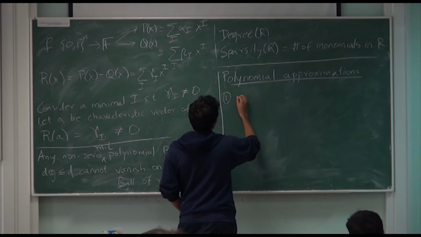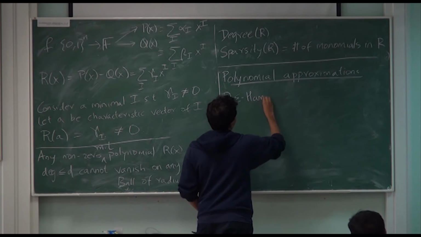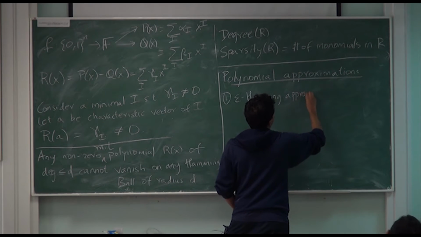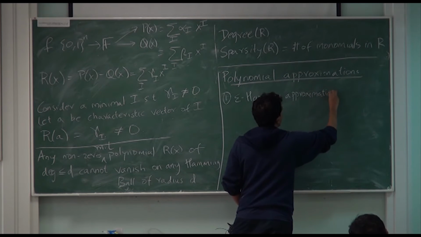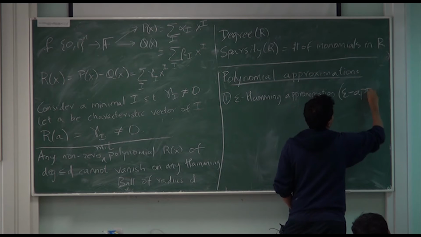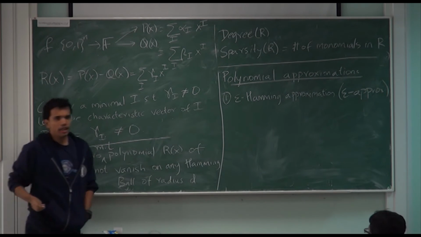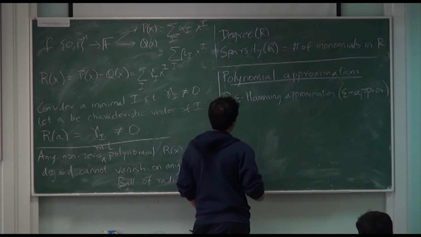So I'll say that a polynomial p, let me just call this an epsilon Hamming approximation. This is an important enough notion that I'm going to skip Hamming, so I might just say epsilon approximation. An epsilon Hamming approximation to a Boolean function is a polynomial.